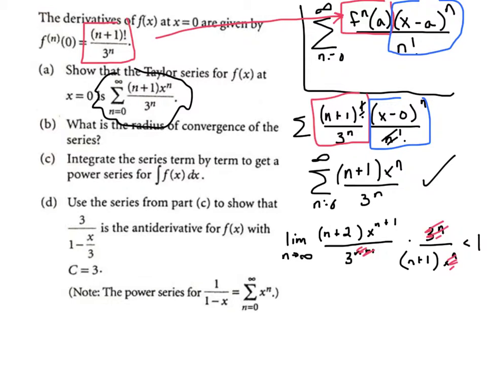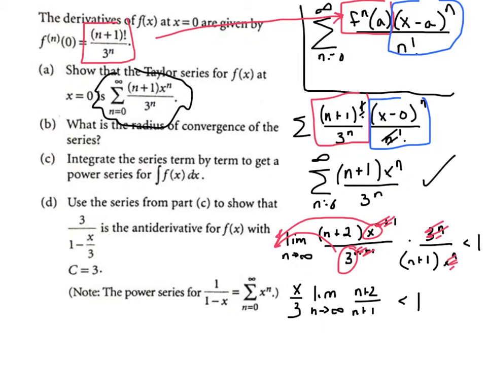We're going to have an x left on the top. I like to take the stuff that doesn't have an n and yank it out front. So that means this becomes x over 3 multiplied by the limit as n approaches infinity of n plus 2 over n plus 1.